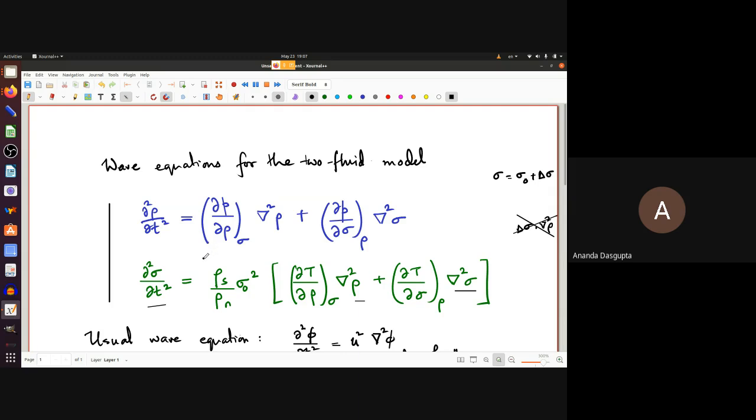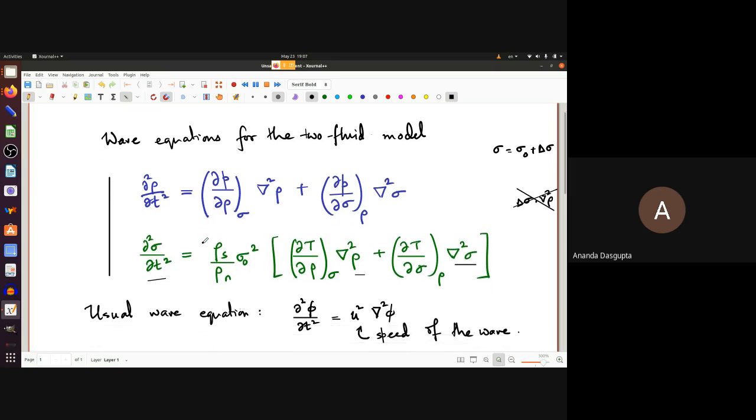The major point here is that we are looking for wave-like motion in a two-fluid situation, and wave-like motion usually would give rise to a wave equation. The usual wave equation on any quantity looks like this: the second derivative of this quantity with respect to time, del 2 phi del t2, is proportional to the Laplacian of that quantity, with the constant of proportionality being the square of the speed of the wave.